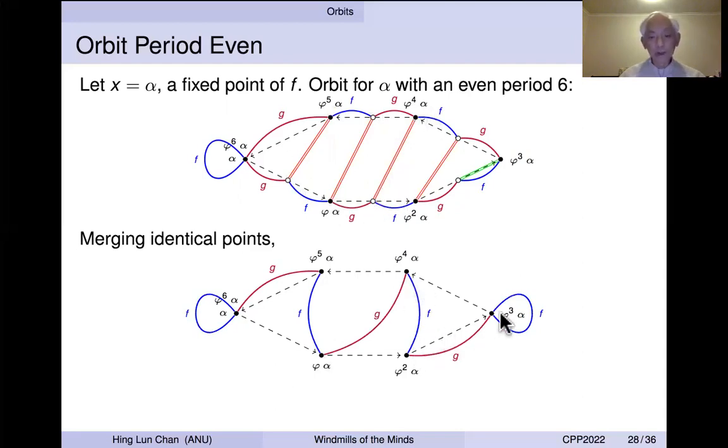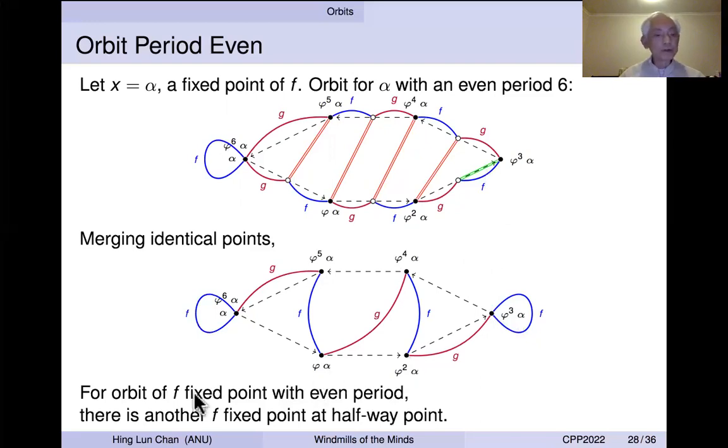And so at the right-hand side, here we actually have another fixed point for f. So what we can observe from here is that for an orbit from an f fixed point with even period, there must be another f fixed point at the halfway point.